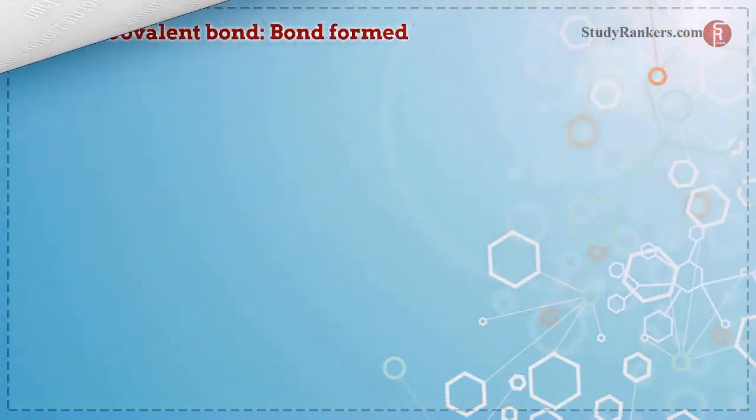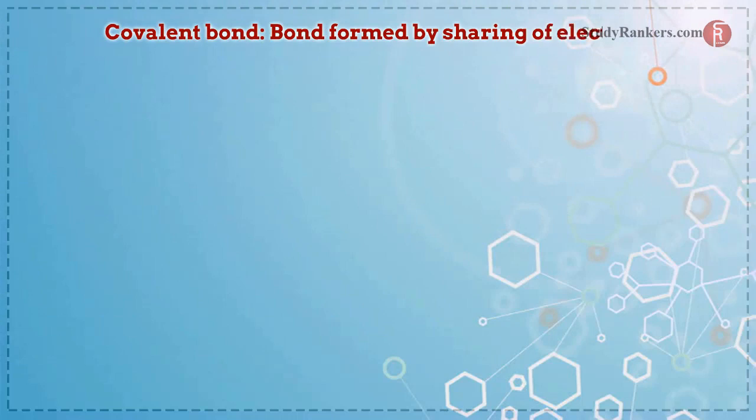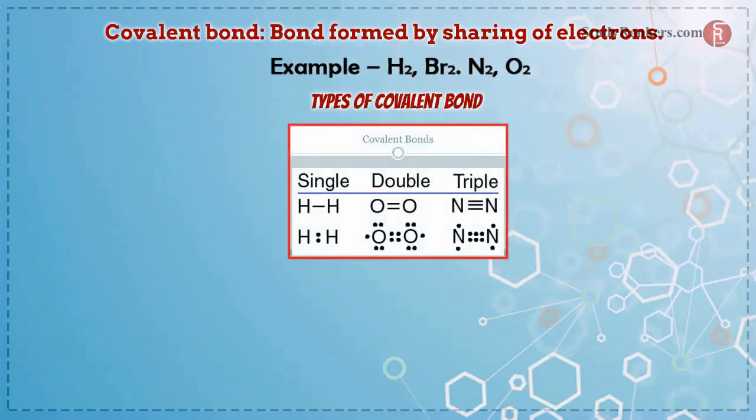A covalent bond, as said earlier, is a bond formed between 2 atoms by sharing of electrons. Some examples of compounds formed by covalent bonds are H2, Br2, N2, O2. There are 3 types of covalent bonds. First, single covalent bond. Second, double covalent bond.